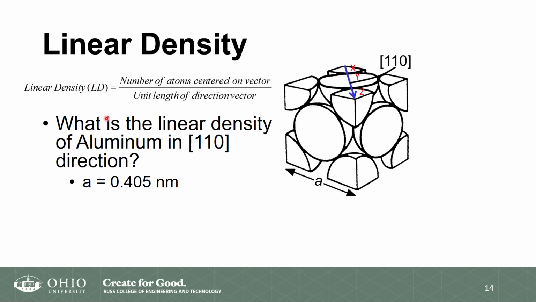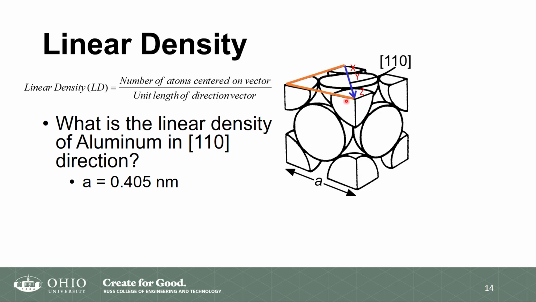Keep in mind that linear density here has to do with a distance or a line. It's not an area, it's not a volume, it's a line. Because we need to find the length of this direction vector, we need to relate it to the components of the unit cell.